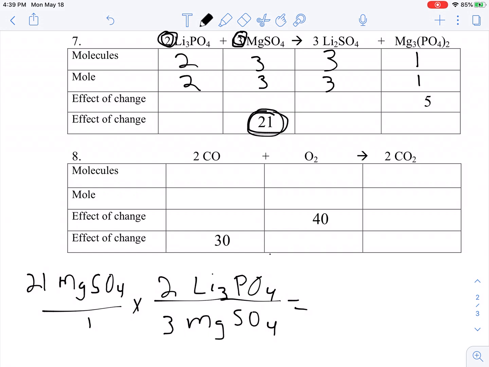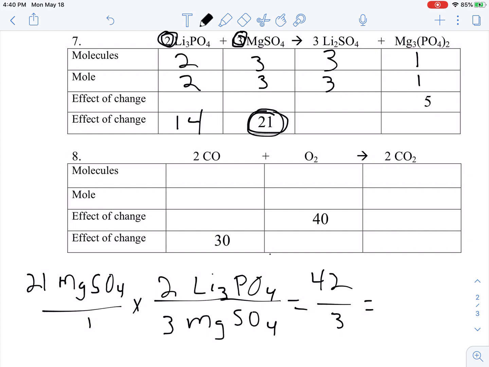Do the math. 21 times 2 is 42. 1 times 3, bottom times bottom, is 3. Okay, 42 divided by 3. Well, what would that be? 42 divided by 3 is 14. Okay.